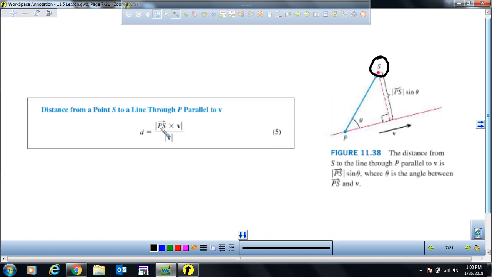And then we divide it by the magnitude of that vector V. So this will give us the shortest distance from that point to whatever line.